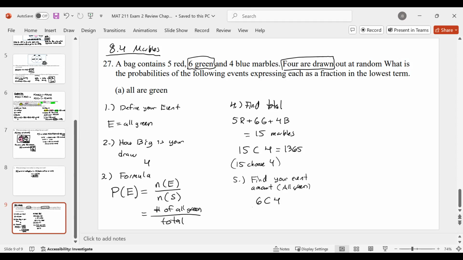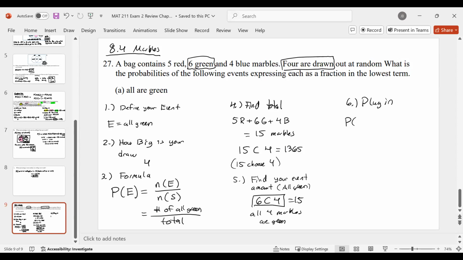Yes, that's all. 6 choose 4. Then step 6 is plug in. 6 choose 4 in your calculator is 15.